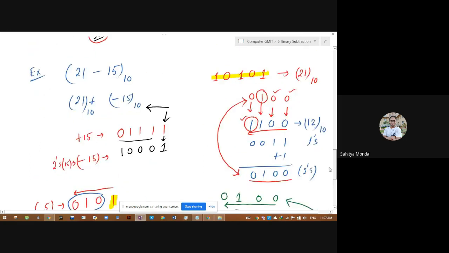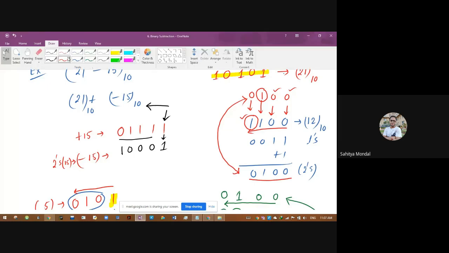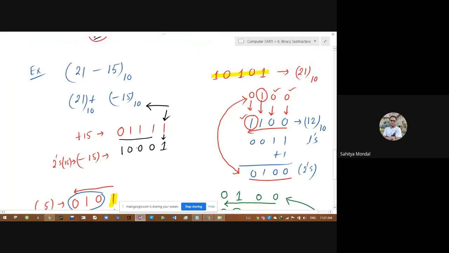So what I am discussing is 21 minus 15. That was directly converted, the 15. What is 21? 21 is 1 0 1 0 1. So if we add them, what is the result? 1 1 0 carry 1 1 0 and 0, and finally we get an extra one that will be discarded.